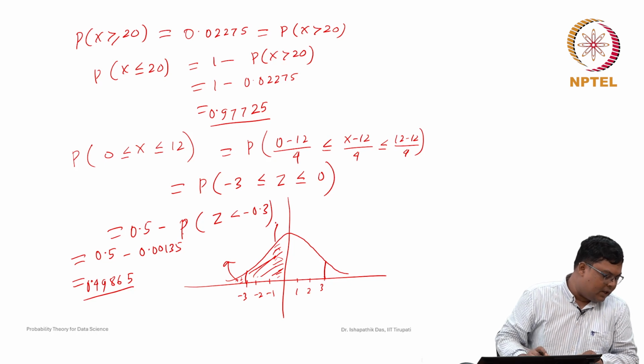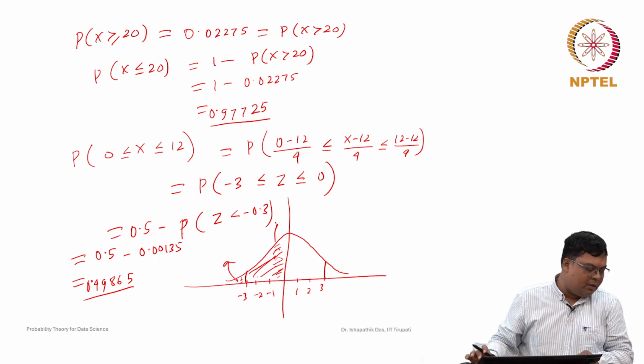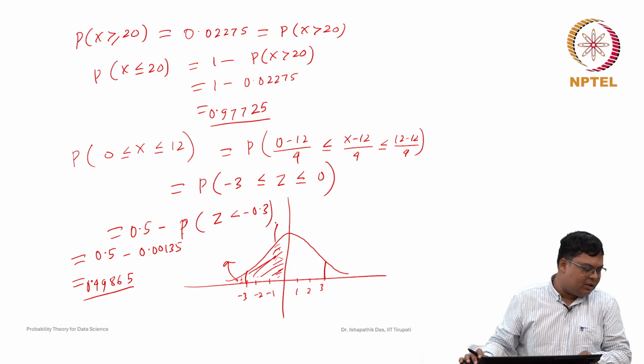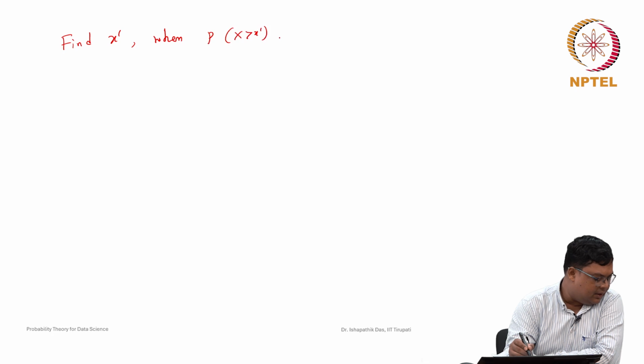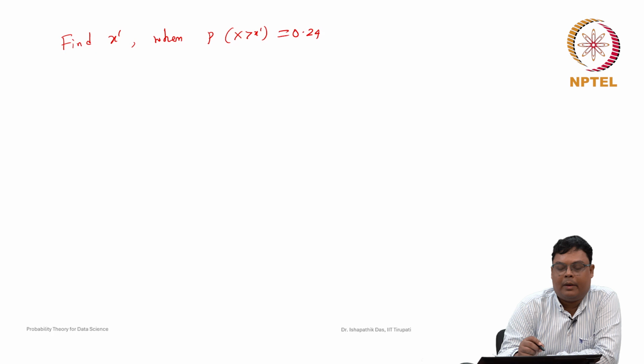Some other problems are also asked. Second, part B: find x dash such that the probability that x is greater than x dash is equal to 0.24. This probability is given, and you have to find this value. How can we find that? We do not know x dash, so we will take the transformation again.